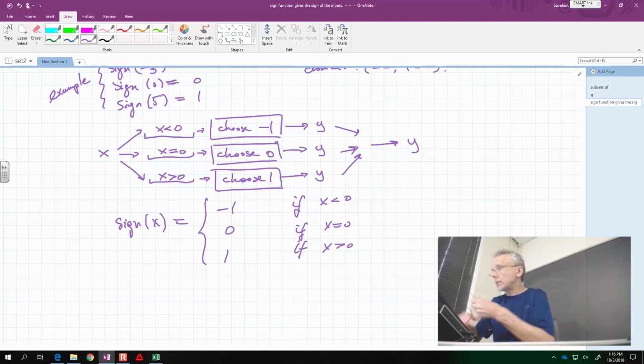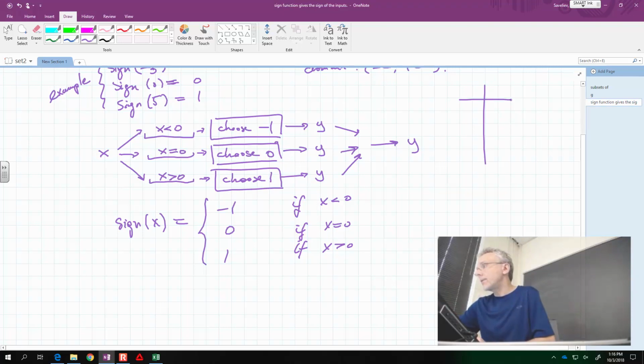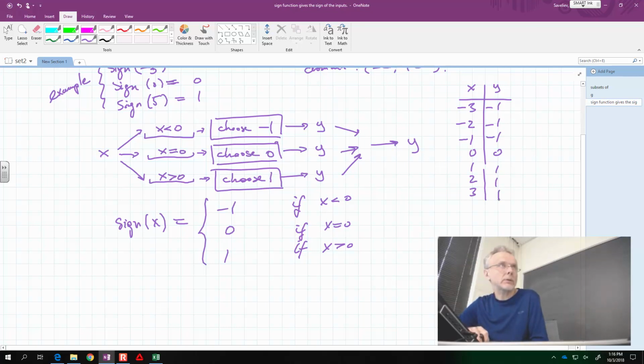Once you have the formula, either one of the two, you can have a bunch of x's and y's, and you have enough data to plot the graph. The values look like this: -1, -1, -1, 0, 1, 1, 1.